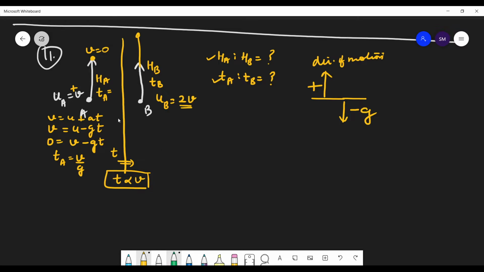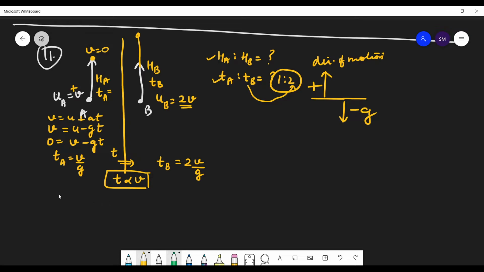So you can directly write, either you write here 2V and you write these 3 steps, or you can simply write TB is equal to 2V by G. Okay? So TA is to TB, the ratio will be 1:2. So time will be doubled in case of B because initial velocity is doubled.